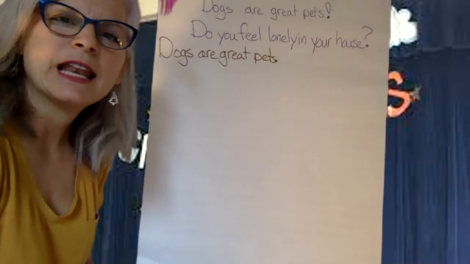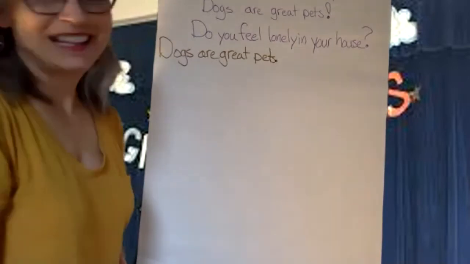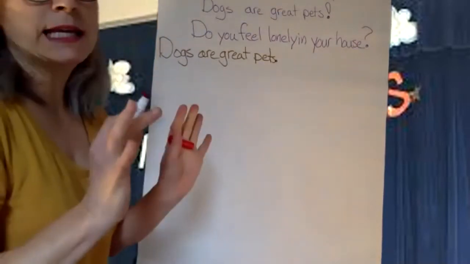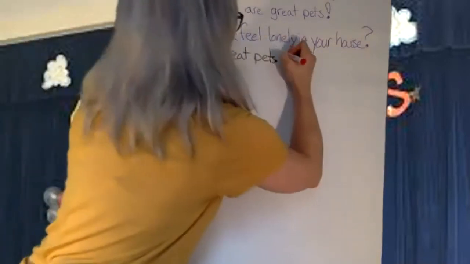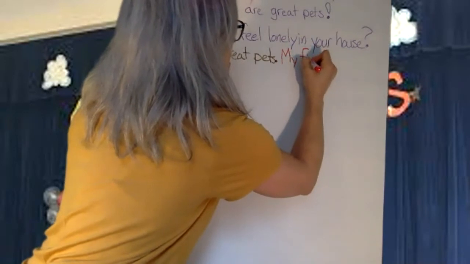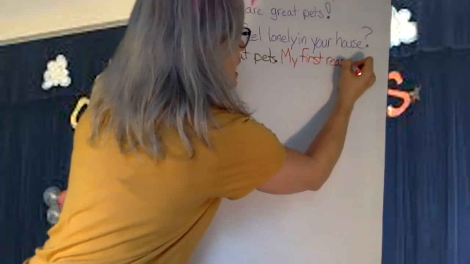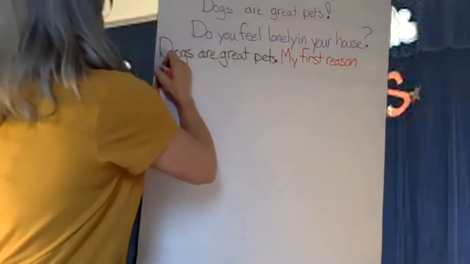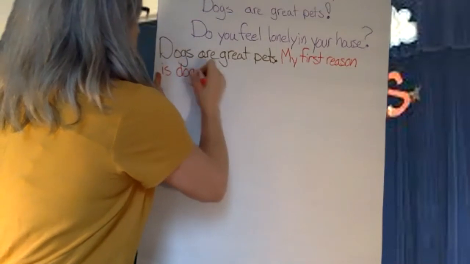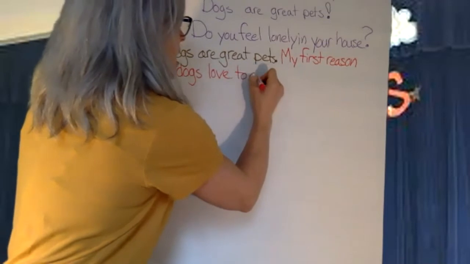Yeah, one reason I think a dog is a great pet is because it's so soft and loves to cuddle with you. Okay, so we're going to make that really simple. My first reason is dogs love to cuddle.